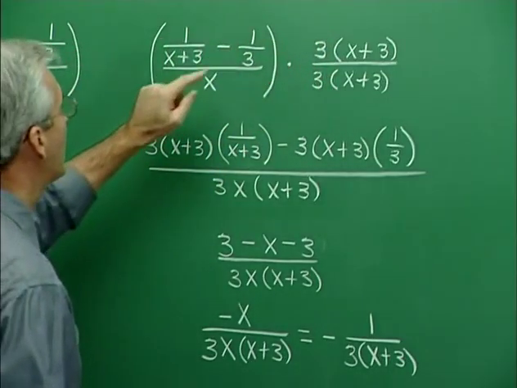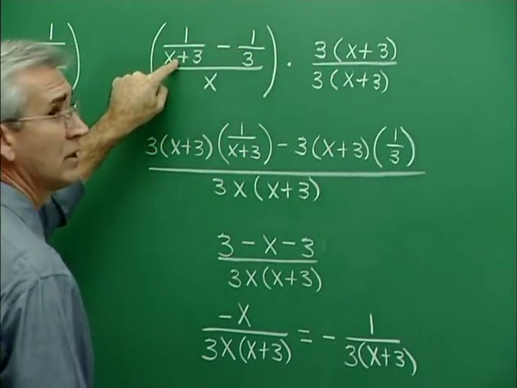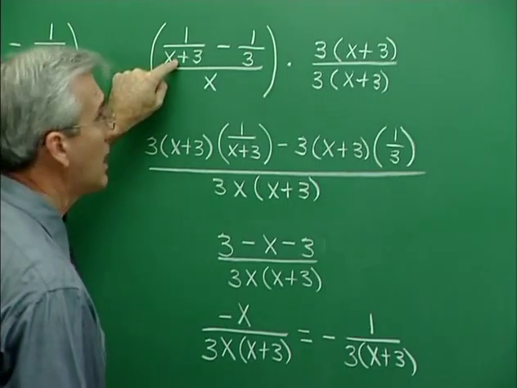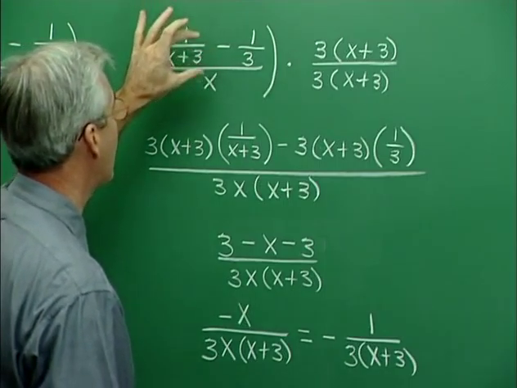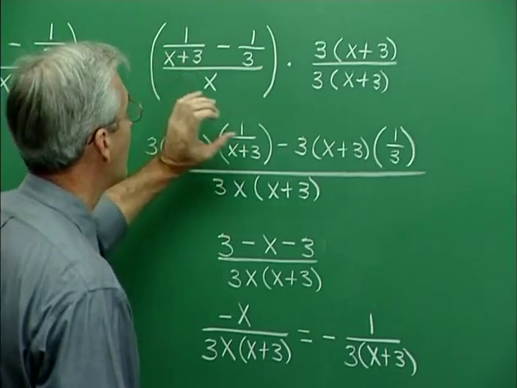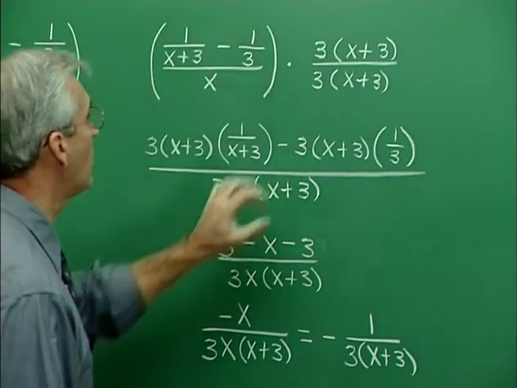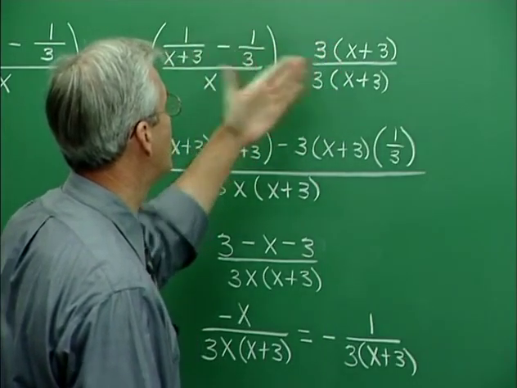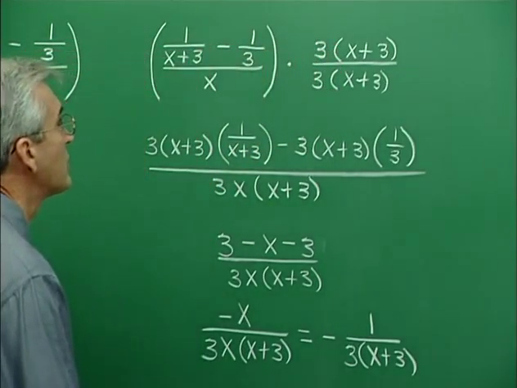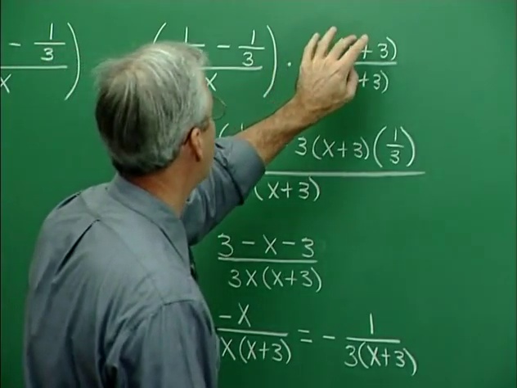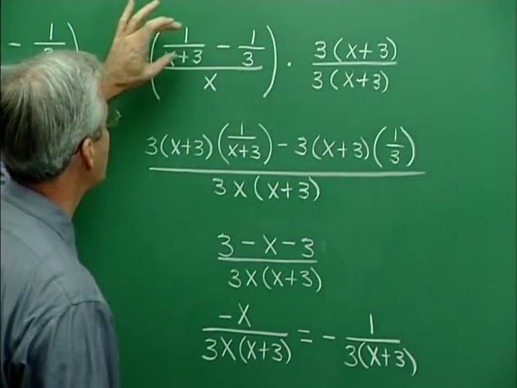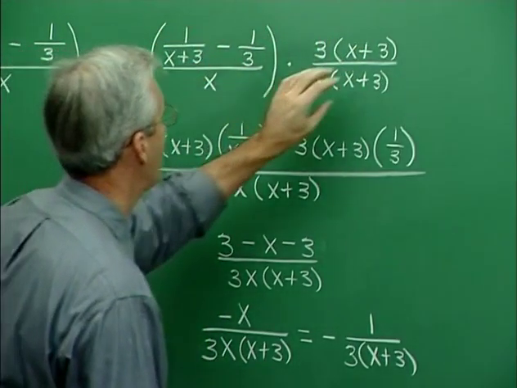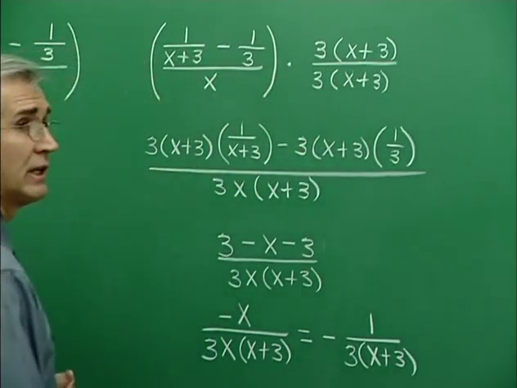And that common denominator happens to be 3 times x plus 3. And then just multiply that common denominator into both this numerator and this denominator. You see, so really we're taking this expression and multiplying by a common denominator over itself, a form of 1 just for the manipulation purpose. All right, now this common denominator is multiplied times each of these fractions. You see, and the common denominator is multiplied times x in the denominator.